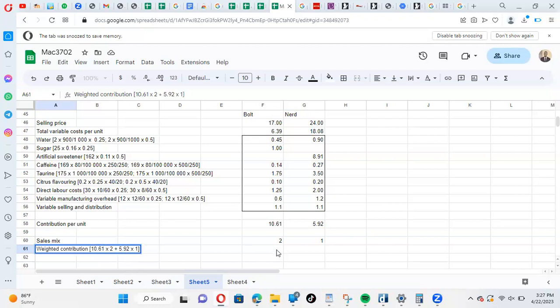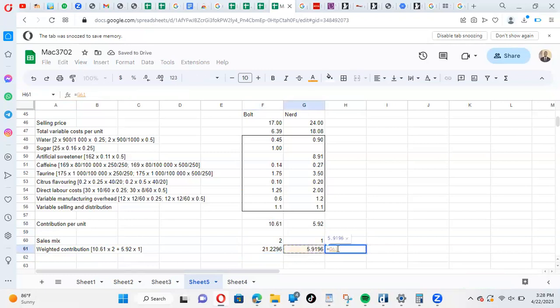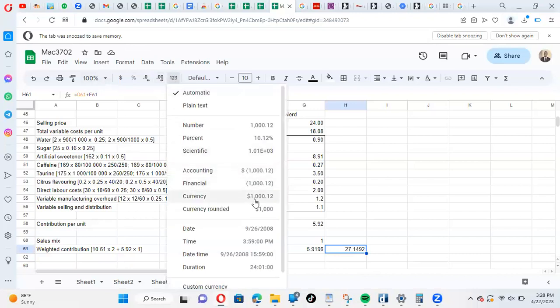We add up those two, which is basically that times that there. And then let's check the amount. We get our total right there plus that. So that should be 27.15. That's the weighted contribution right there.